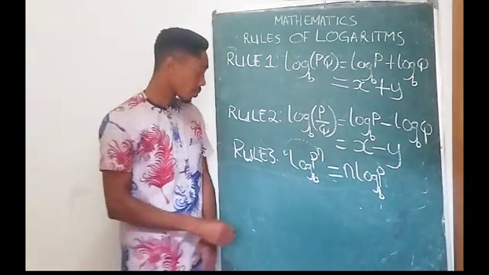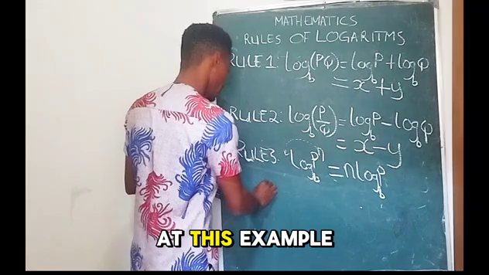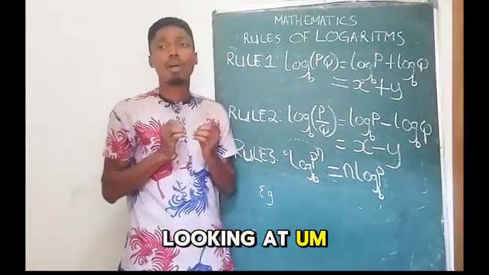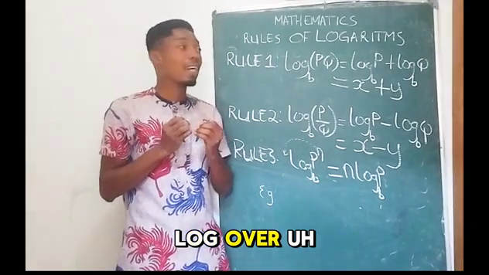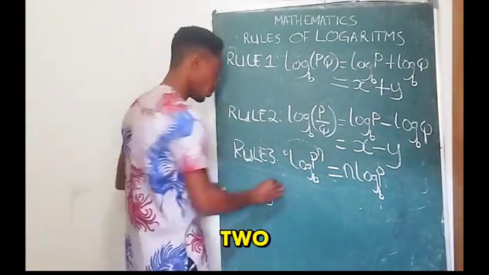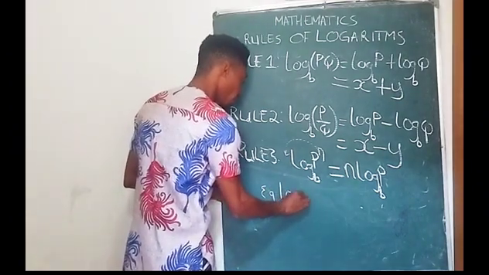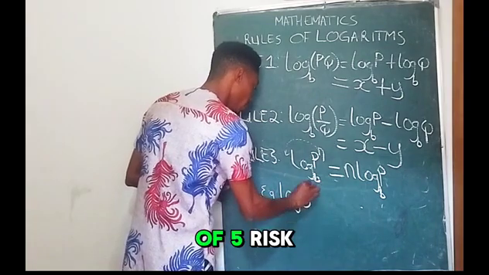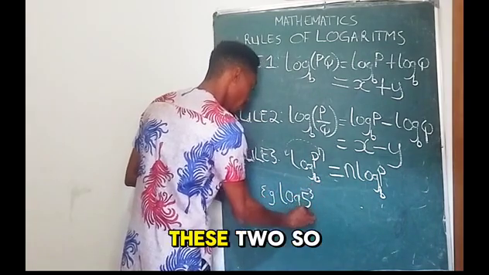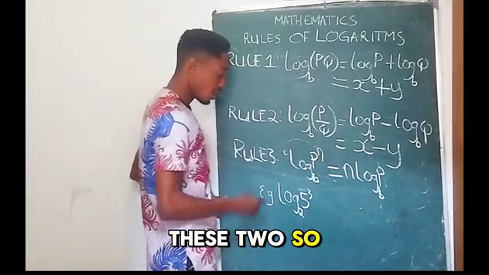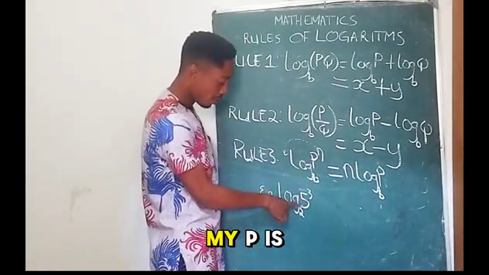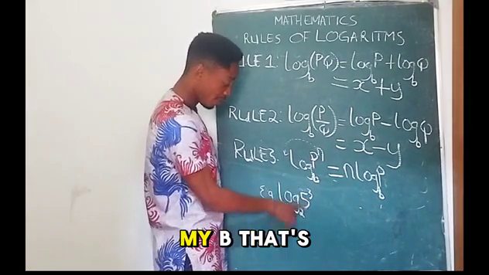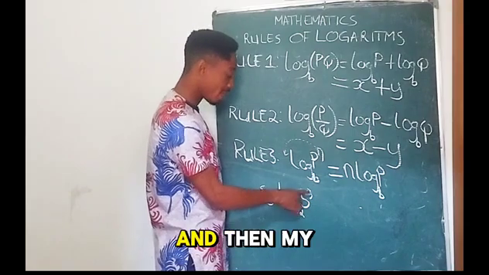Example. If we look at this example, I am looking at log of 5 raised to power 3 in base 2. Comparing this, my P is 5, my B, that's the base, is 2, and my n is 3.